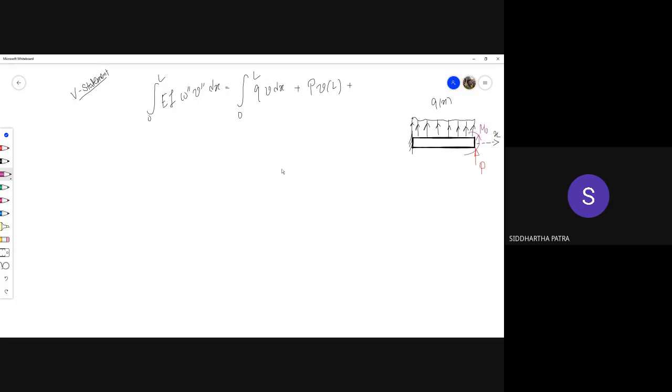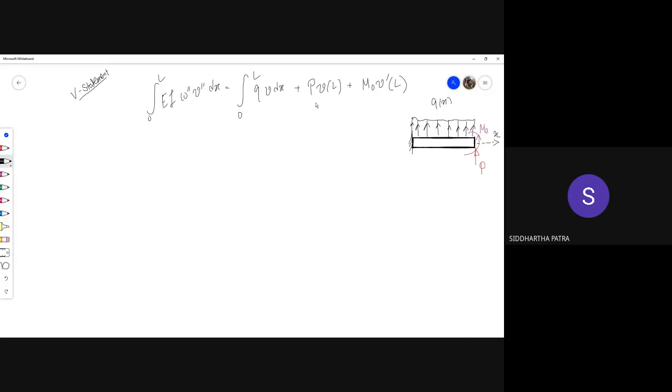And in the last class, we also discussed why the position of the couple moment also matters if we are talking about deformable bodies. m0 times v prime at L. Okay, so this is the weak form. So this comes with the boundary conditions as well.